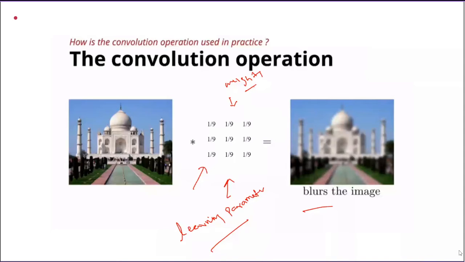After predicting the image, if there is any loss, then during back propagation these weights will be updated. This is a very important thing you need to know. In the forward pass, you predict, and from the prediction you calculate the loss, and in the backward pass you update the weights, meaning you update the values of the kernel.